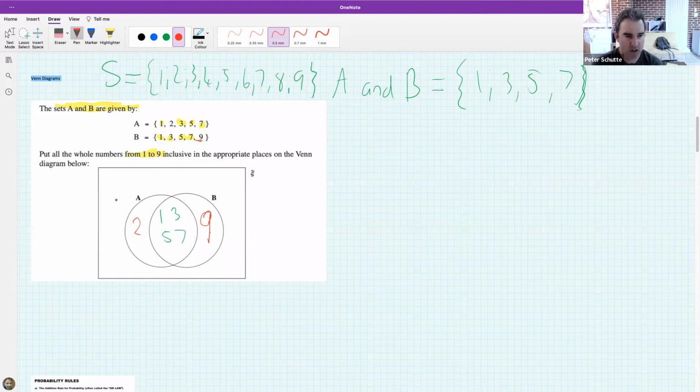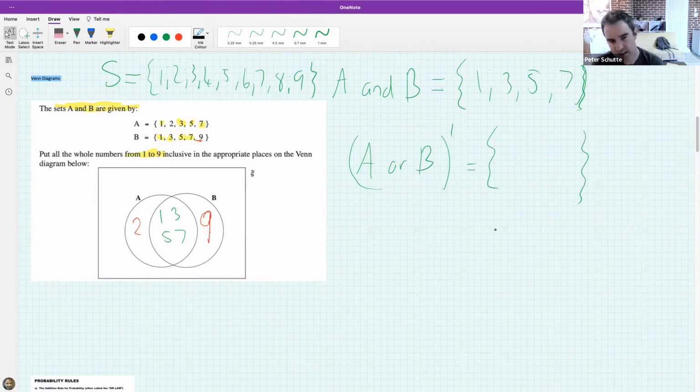What about this outer region? Which items are not in A or B? The set would be A or B, and if it's not in it, it's called the complement.